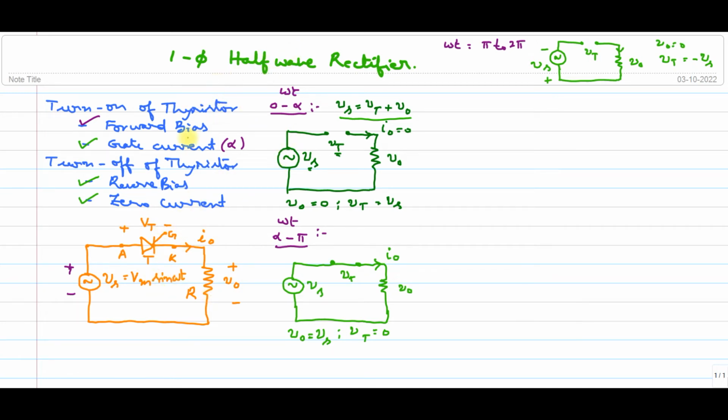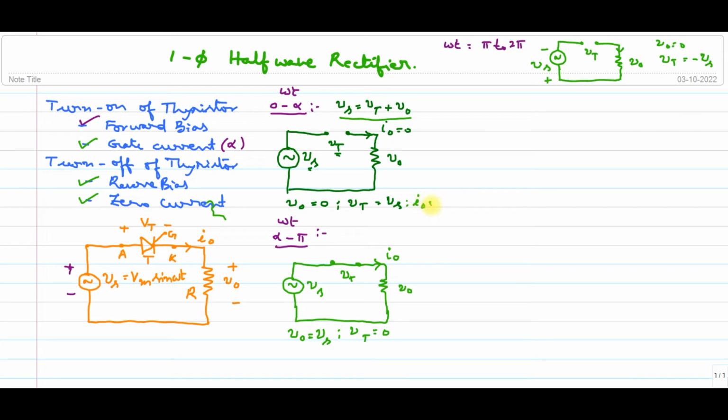So where is current? This is the resistance. It is simply a resistive load, so current always follows voltage.